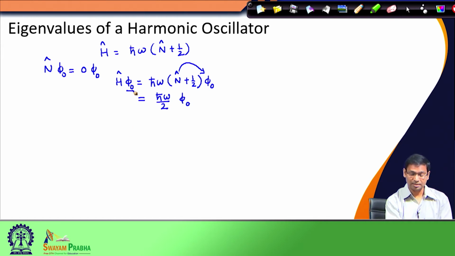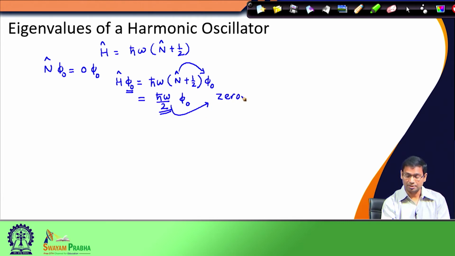Now, what do I see? I see that phi 0 is the lowest eigenfunction of operator n, and since this is the only operator defined in the Hamiltonian, this is also the lowest eigenfunction of the Hamiltonian operator. So, the lowest eigenfunction of this Hamiltonian operator corresponds to an energy value of half h bar omega. Since phi 0 is the lowest eigenfunction, the corresponding eigenvalue is the lowest possible energy of a harmonic oscillator, and this value is also known as the zero point energy.